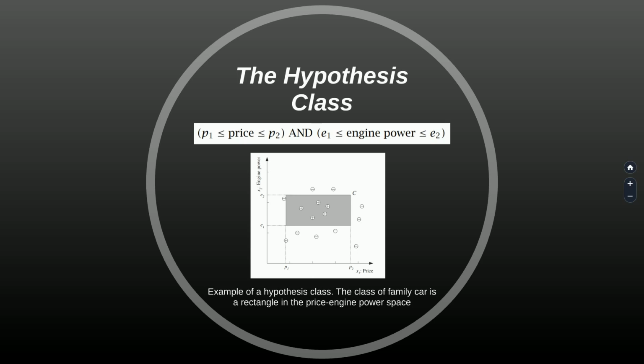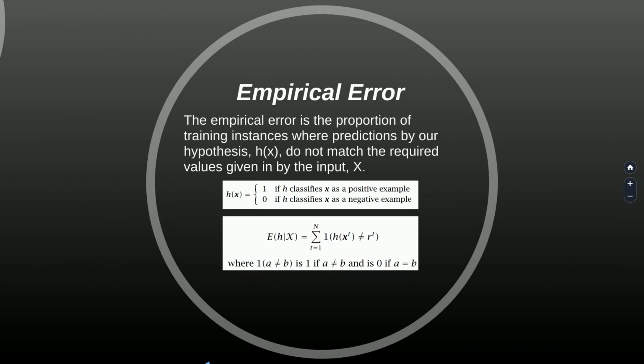Notice that there would be any number of hypotheses because there would be an infinite number of P1 and P2 and E1 and E2, since these are just numerical. These variables are numerical and they could be any number at this point. However, they are going to take shape when we actually use empirical error to train the network.